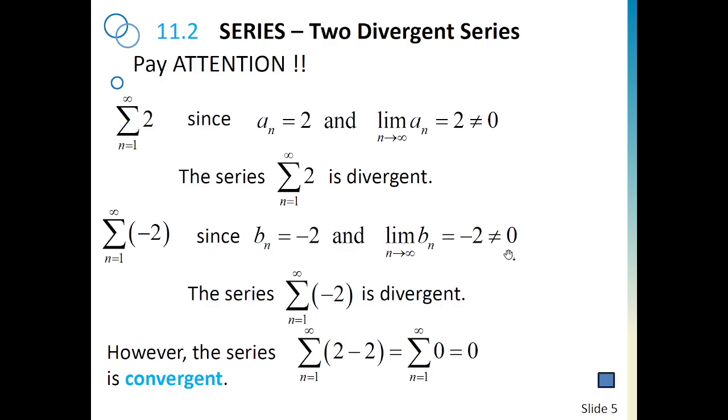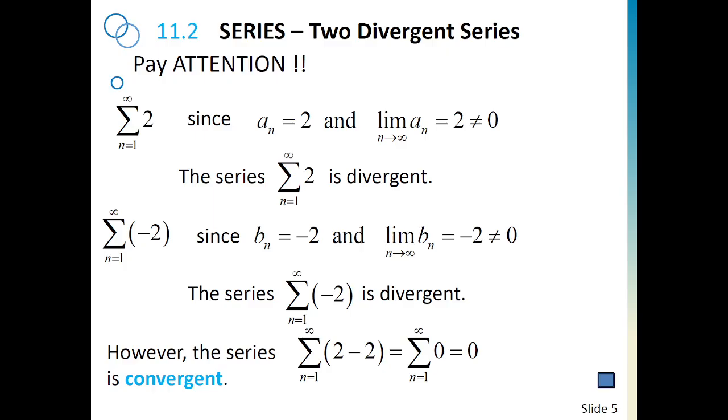So by the divergence test, this series is divergent. However, if I add the general terms A and B, I have 2 plus minus 2, so 2 minus 2 is 0, and I add 0 plus 0 plus 0 plus 0, that would be a convergent series. So be careful when you have two divergent series. We really need to examine the situation carefully.